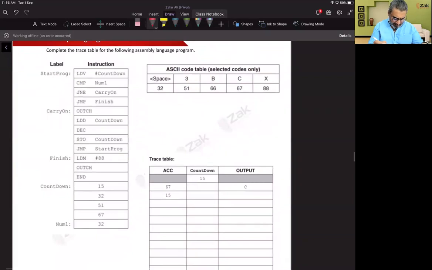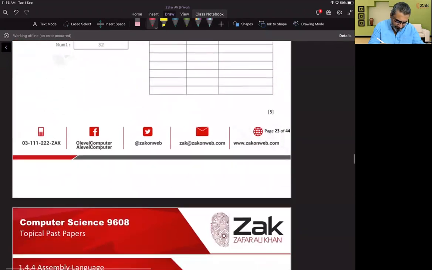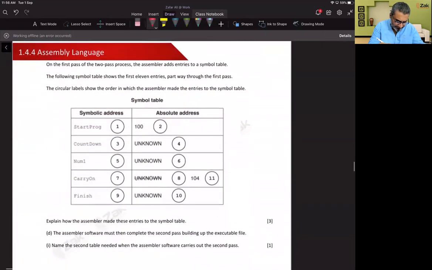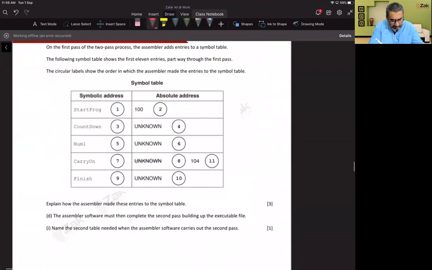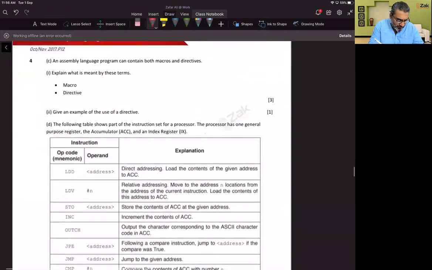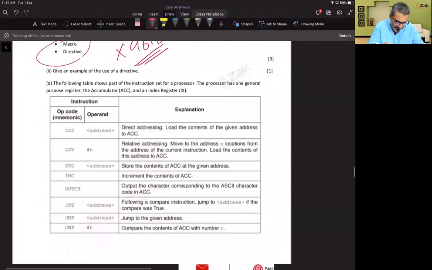This question we already completed. These are 2 past questions that we have completed while the lecture was going on. This macro and directive is no more part of 9618, so leave it.